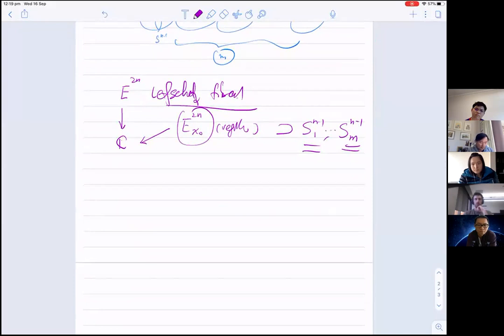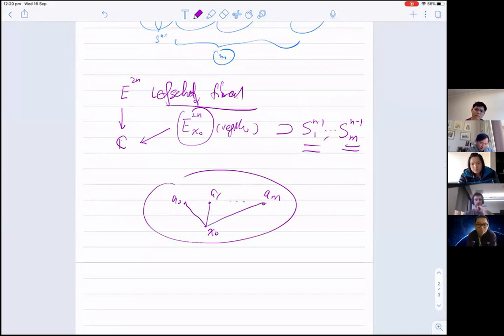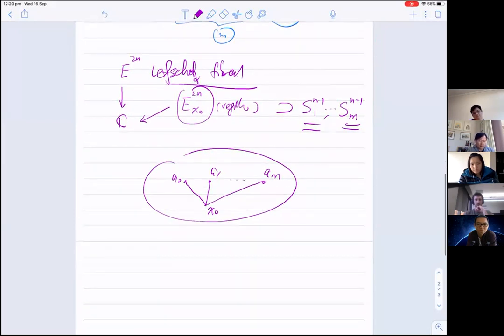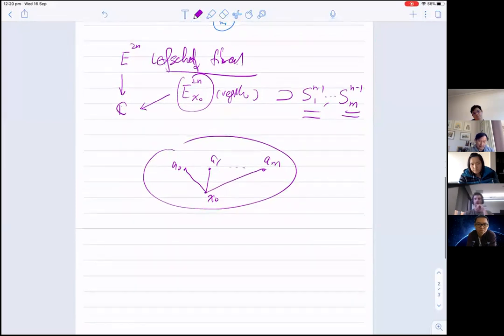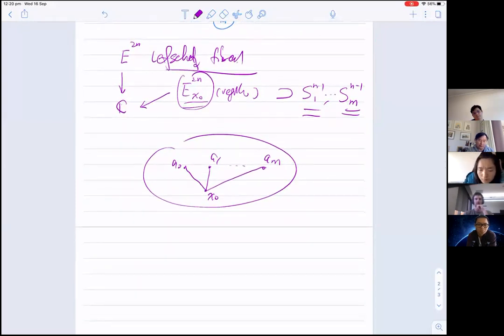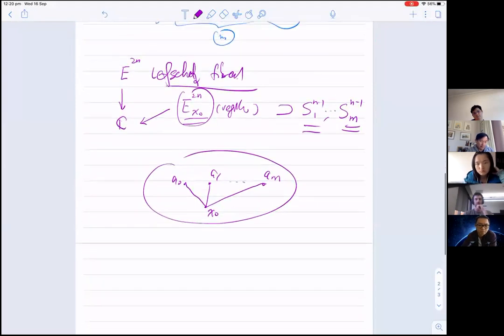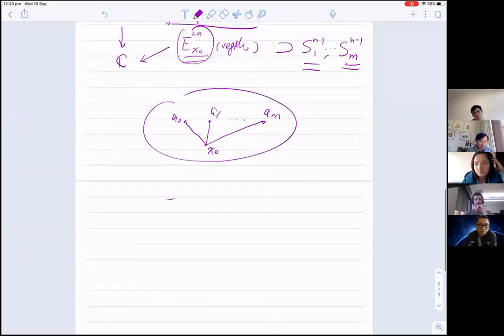If you have here our x0, here is a0, a1, critical values a_m, and then we draw these paths, and each of these gives us a vanishing cycle. Maybe we denote the fiber E_{x0}, so this is dimension 2m minus 2.